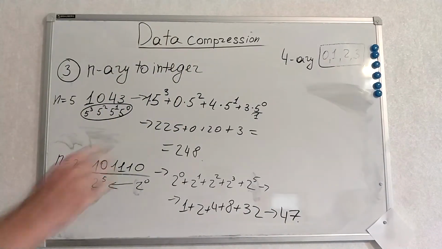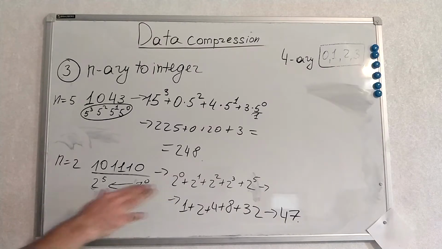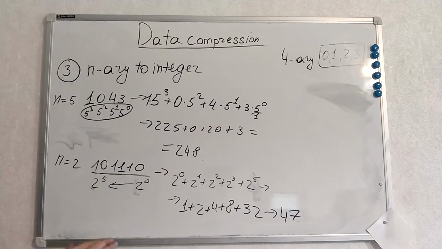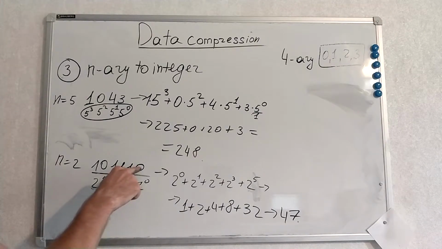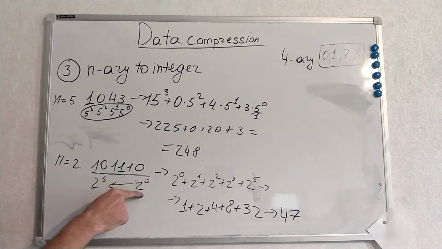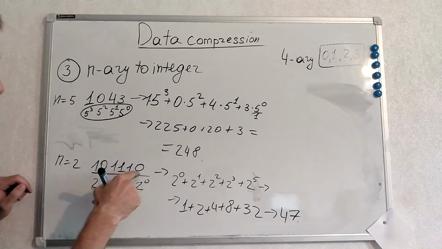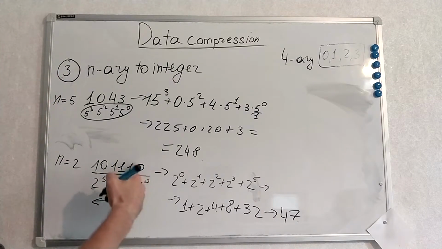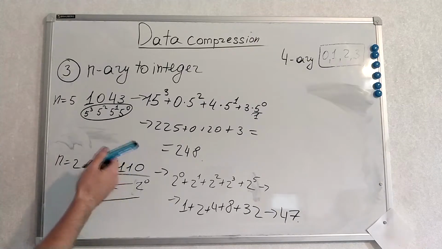It works in any arity system, and the goal once again is to find n, give it the power corresponding to the position of the current symbol we are looking at, starting from 0, going from right to left, because numbers are written in such a way that the smallest number is here on the right, and multiply by the number.